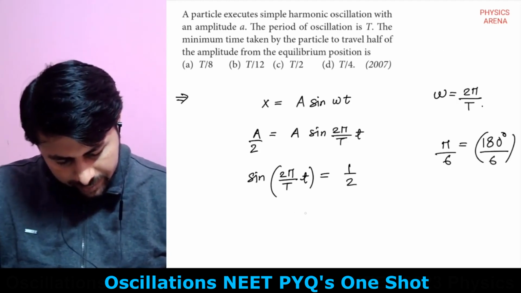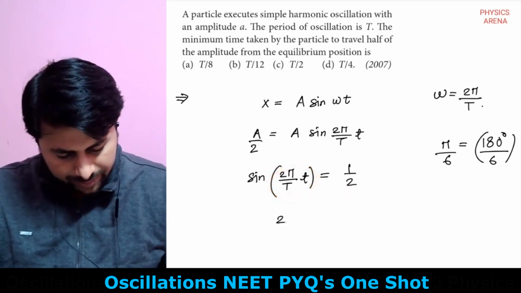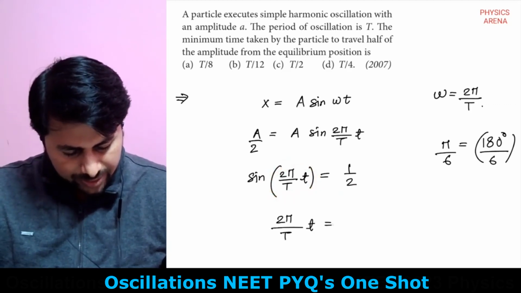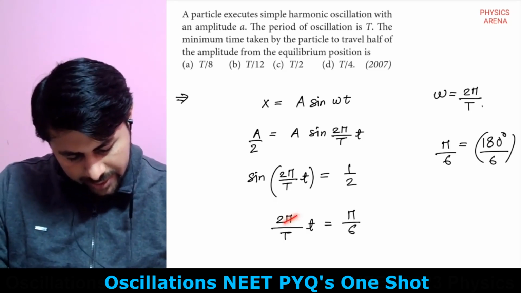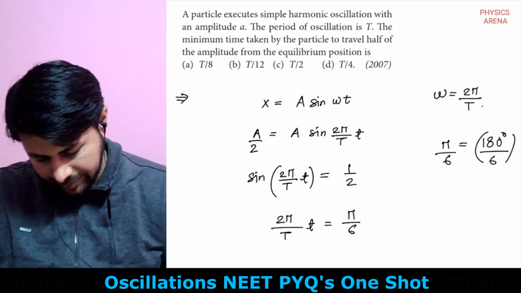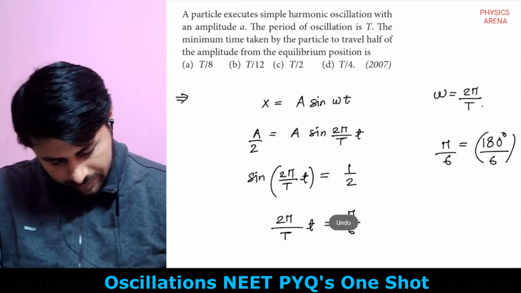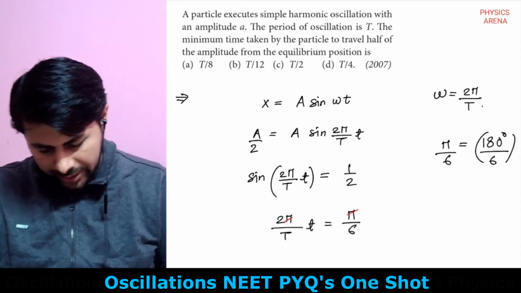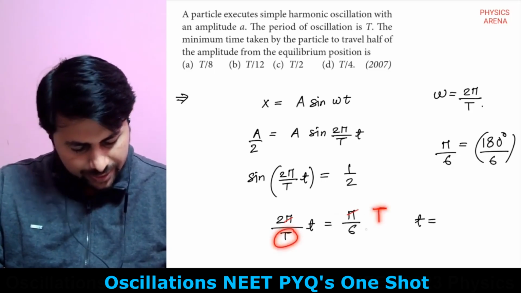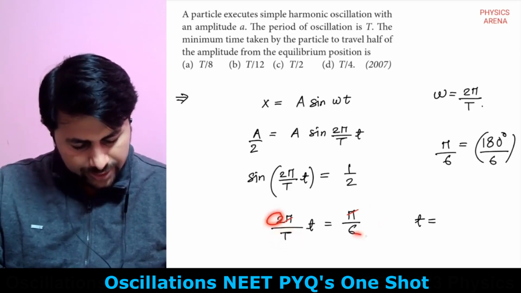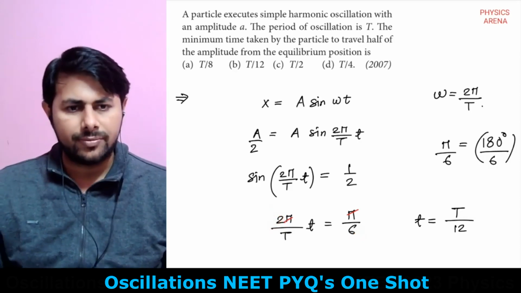So sine of this angle is half. That means this angle, 2 pi upon T times t, is 30 degrees, that is pi by 6. So pi and pi get cancelled. So you get t equals capital T on this side and 2 on this side, so it is T by 6 times 2, T by 12.